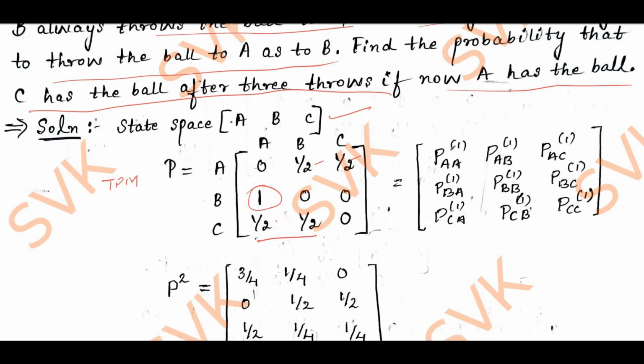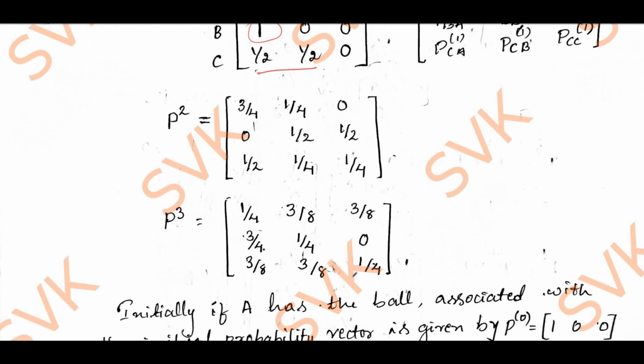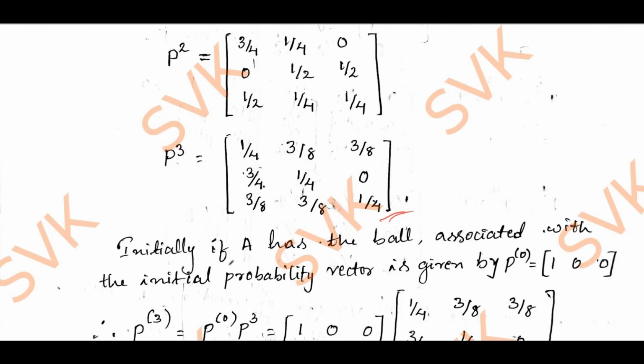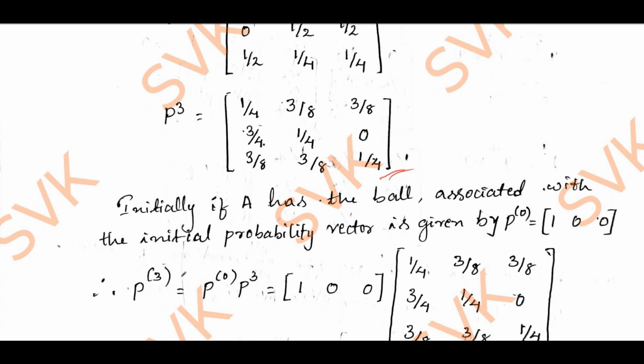So I will use the calculator to find P cubed. I got P cubed here, and once I have it, I will multiply it with the initial probability vector. Initially, if A has the ball, the initial probability vector is given by P0 equal to 1 0 0.